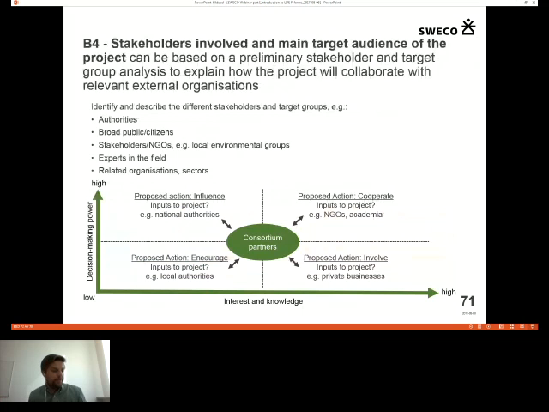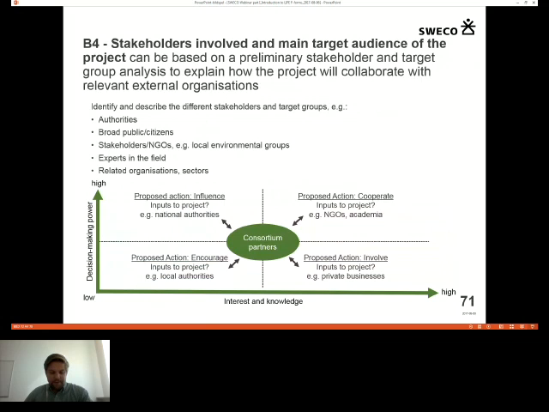We continue to B4, and then we are basically jumping back to the stakeholders involved and the main target audience. I've already explained the difference between those two and the necessity of, first of all, identifying and describing the different stakeholders and target audiences in a project like this.